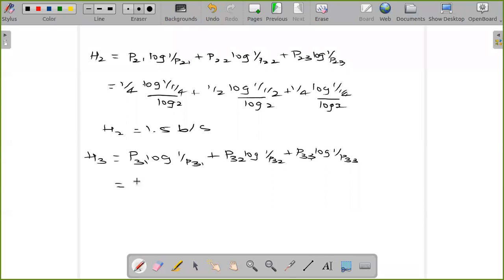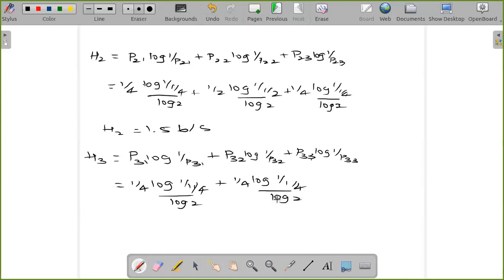Now again you should find the probability of P31. From 3 to 1, it is going with the probability of 1 by 4, so 1 by 4 log 1 divided by 1 by 4, divided by log 2, because I want to convert this value in terms of bits. Again 3 to 2 with the probability of 1 by 4: 1 by 4 log 1 divided by 1 by 4 divided by log 2.